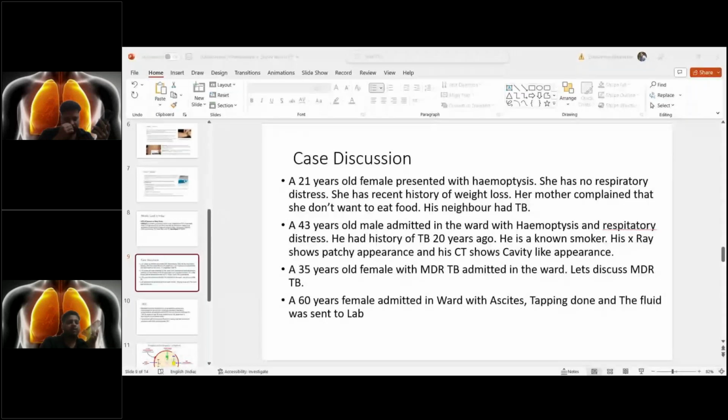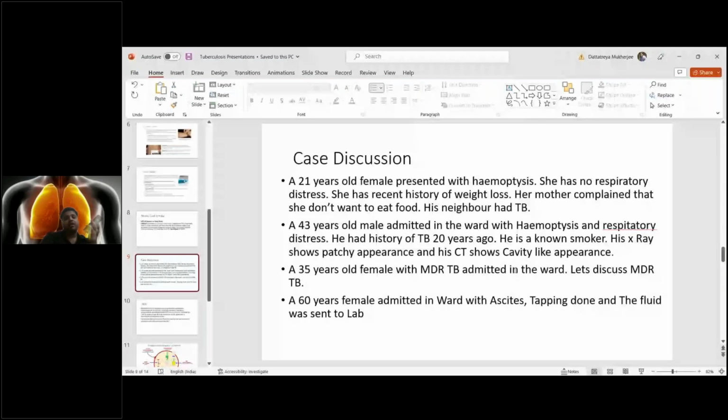The next case is a 43-year-old male admitted in the ward with hemoptysis. He had respiratory distress. He had a history of TB 20 years ago, at the age of 23. He is a non-smoker. His X-ray shows a patchy appearance.